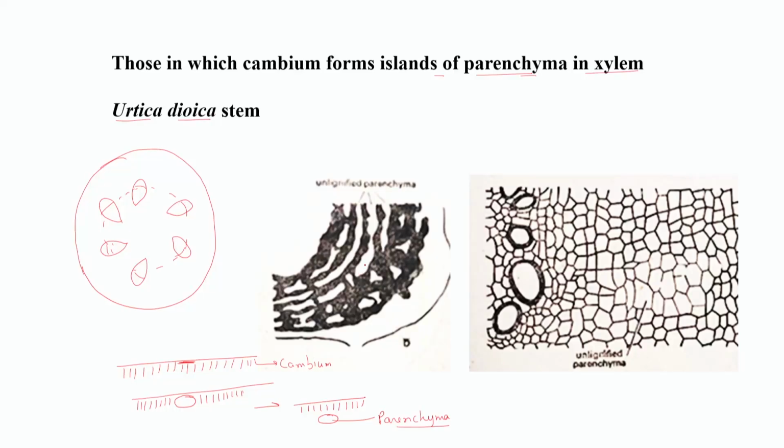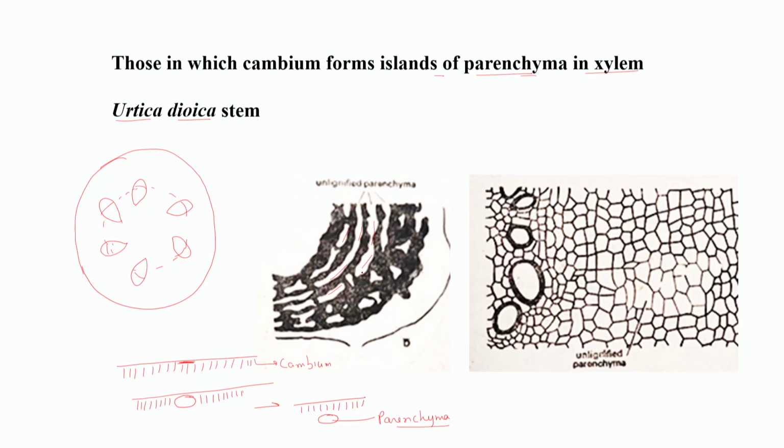So when we observe the transverse section of this plant, we can see a lot of parenchymatous tissue embedded in it. And how can you make out that this is parenchymatous tissue? See, if you stain them, definitely all the tissues of the xylem will be stained, but this parenchyma will not be stained. Suppose I want to stain them with phloroglucinol, which will stain the tissues which have lignin, so parenchyma will not be stained.